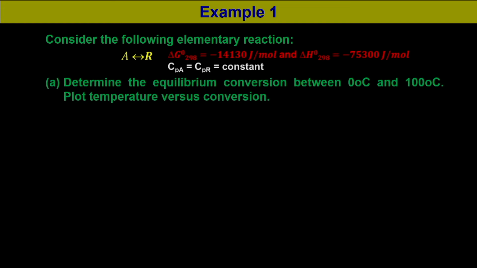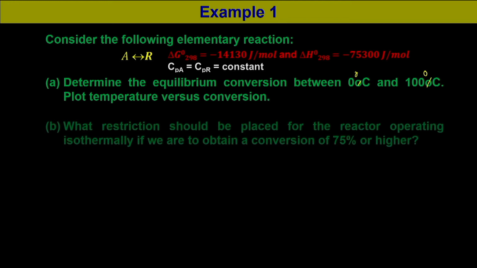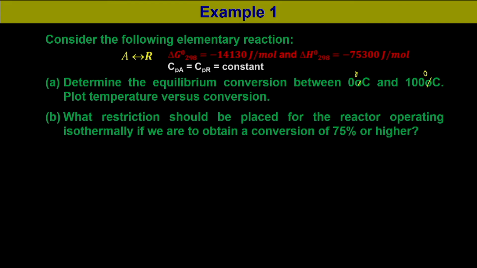Now, we need to determine the equilibrium conversion between 0 degree centigrade and 100 degree centigrade, and then plot the temperature versus conversion. Second is what restriction should be placed for the reactor operating isothermally if we are to obtain a conversion of 75% or higher.